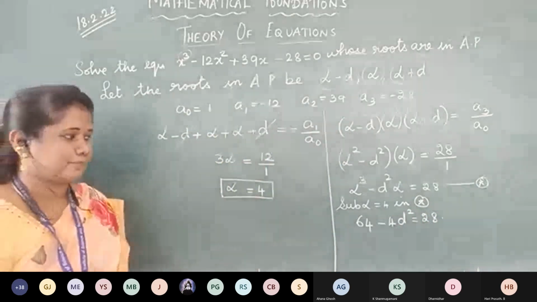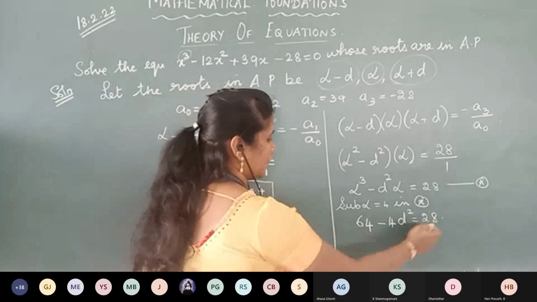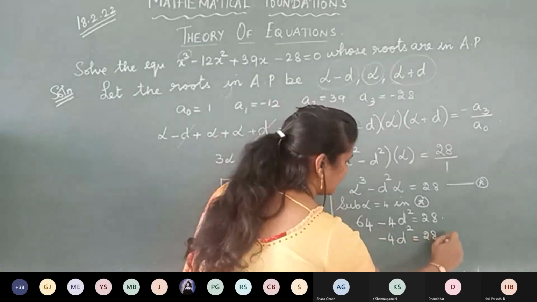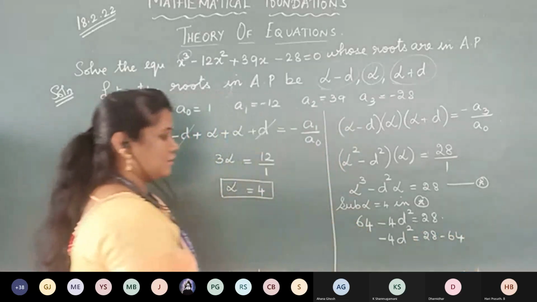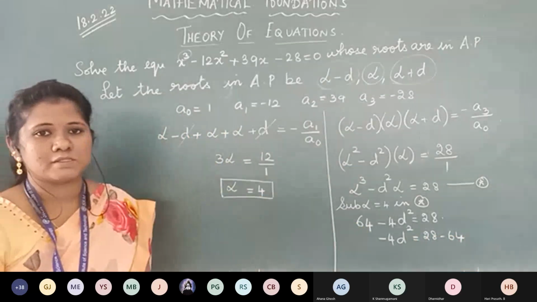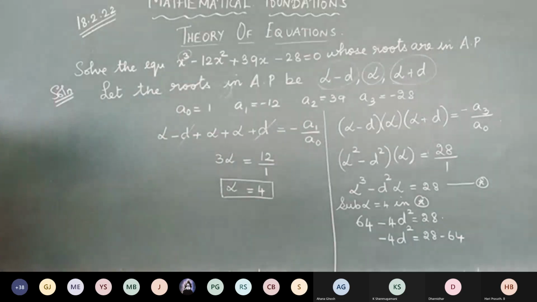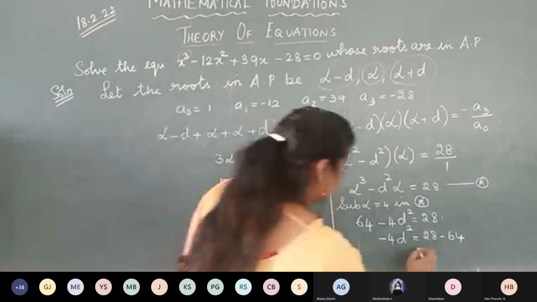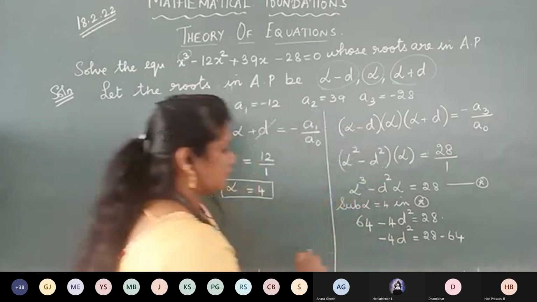You need only d square, so I will take this 64 to that side. So you'll have minus 4d square equal to 28 minus 64. What do you get when you do 28 minus 64? Minus 36.